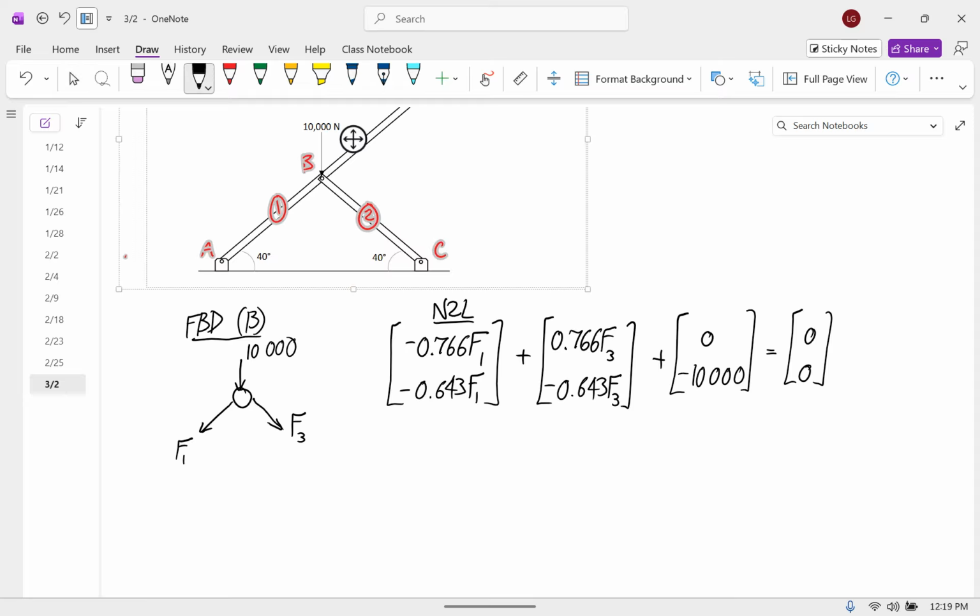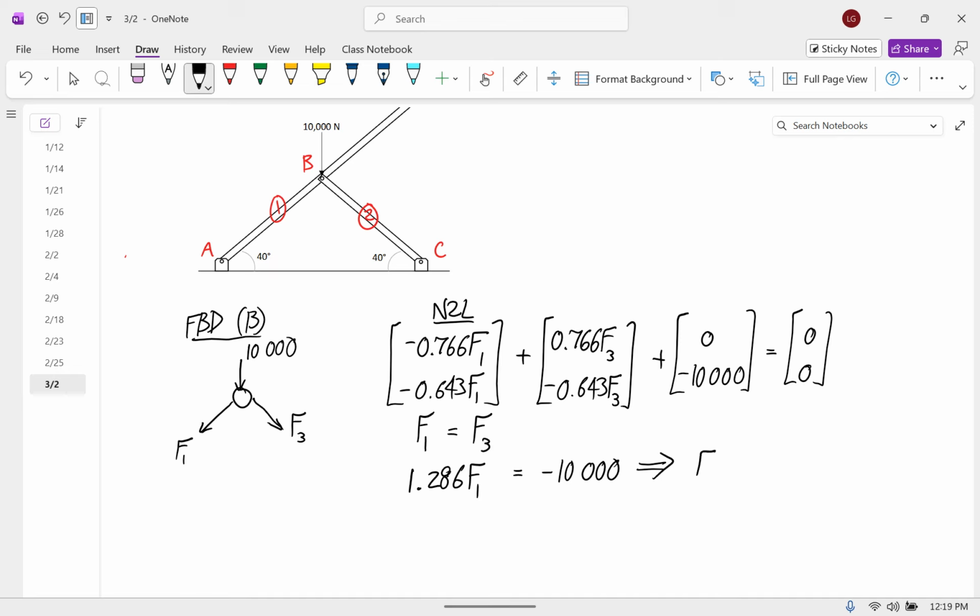So we get that F1 is equal to F3. And so 1.286 F1 is equal to negative 10,000. And so F1 and F3 are both equal to 7776.05 newtons.